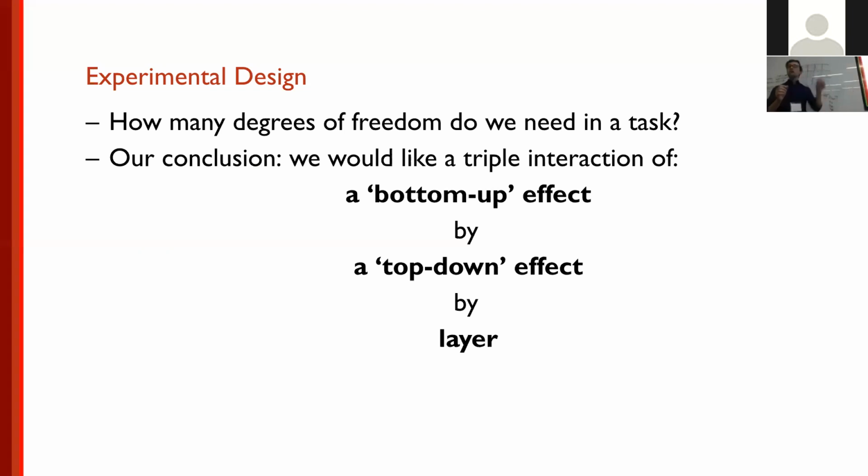So this triple interaction would mean that the bottom-up effect interaction with the layer is different from the top-down effect with the layer, right? So then suddenly it seems very sensible that this is something you look for. But then your experimental design clearly needs to be able to disentangle a bottom-up effect and a top-down effect, and you would need to be able to measure that layer specifically.